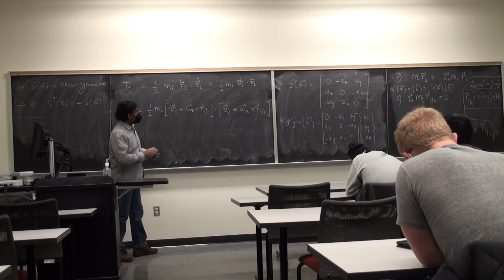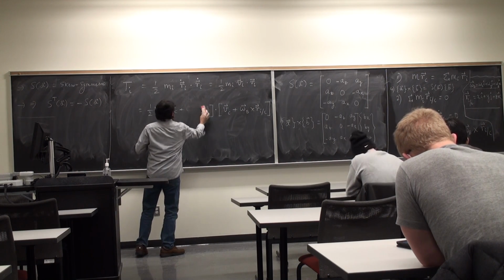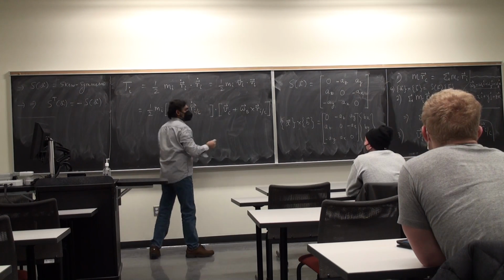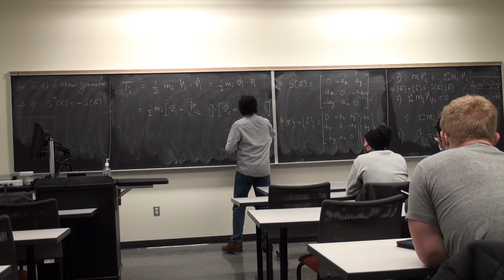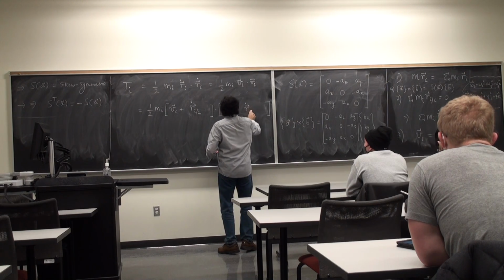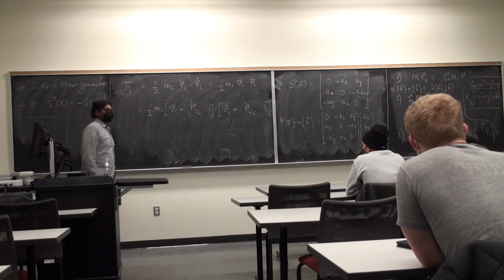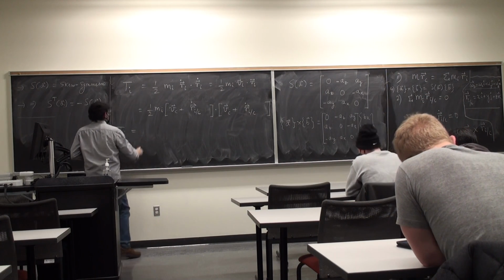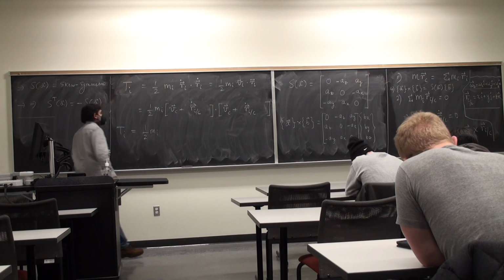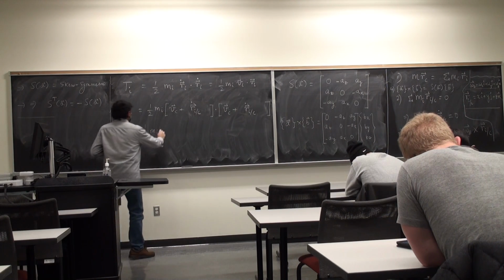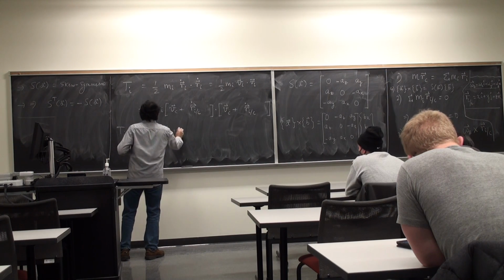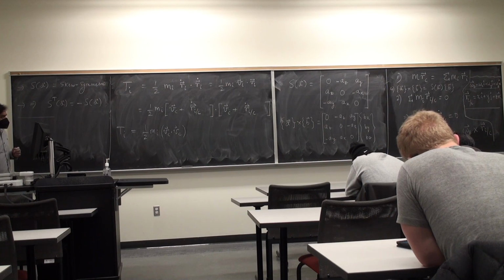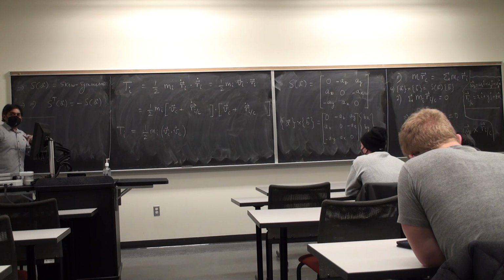If you want, you can write this to begin with as r dot i/c, just to make it a little easier to write. It's the same thing, no difference. Expand this, and do this only once. Half mi Vc dotted with Vc. Dot product is commutative.